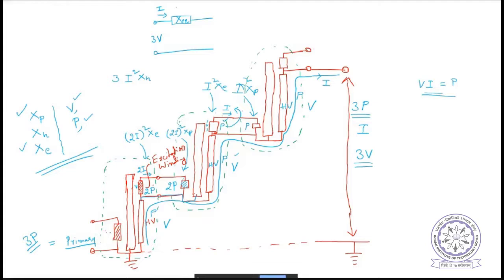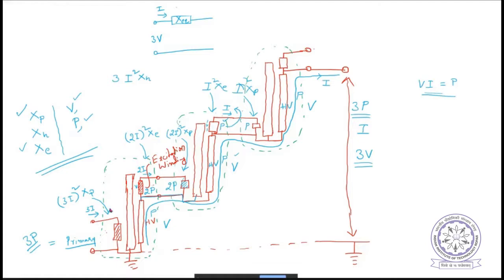And for primary, again at a base voltage V, if it is XP, then here 3I should cause that. So 3I whole square into XP is the reactive power in this.